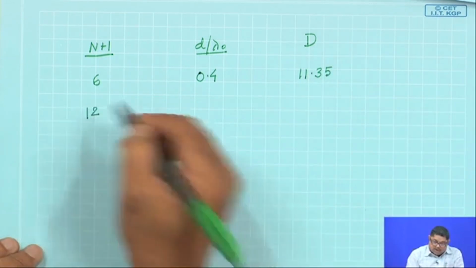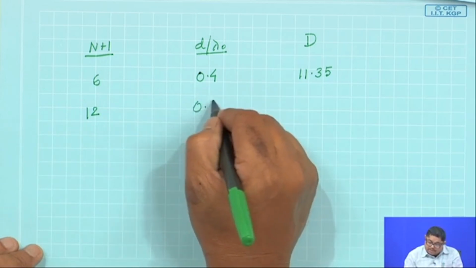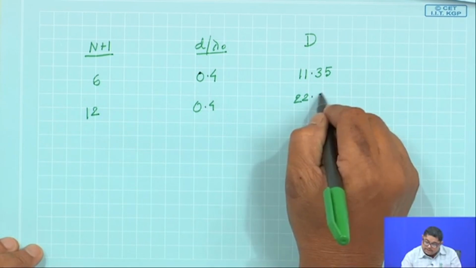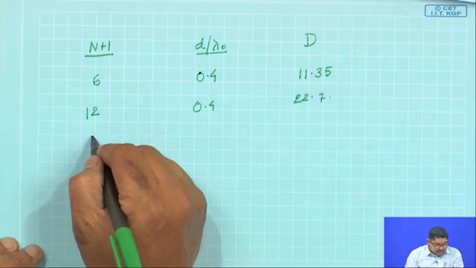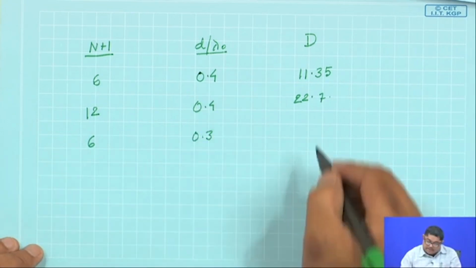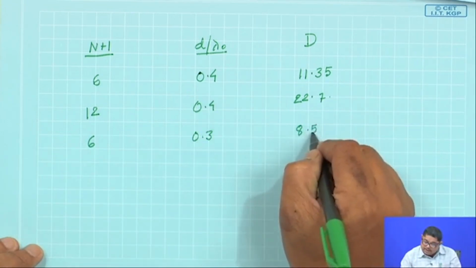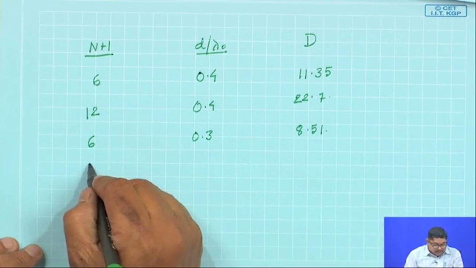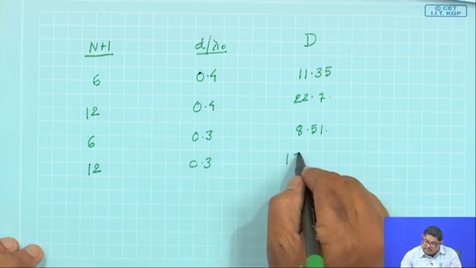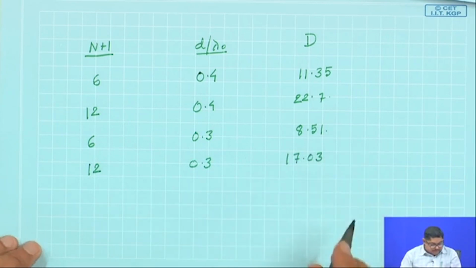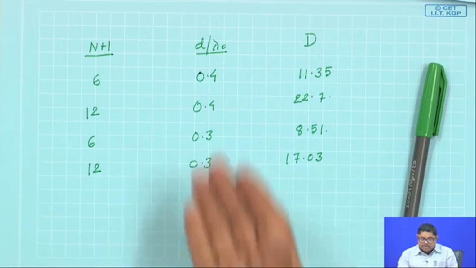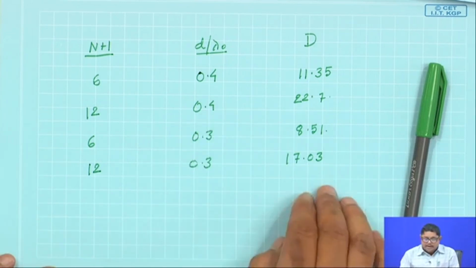If I make it 12, same 0.4, this will be 22.7. If I make it 6, but make d by lambda naught less, this becomes 8.51. If I make it 12, 0.3, 17.03. So, you see these are the typical values, some examples I have taken.